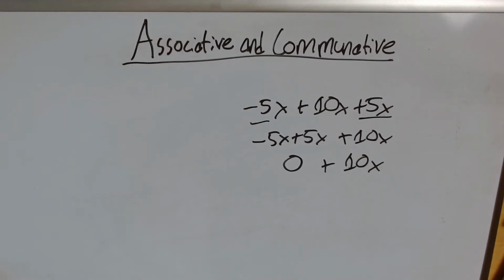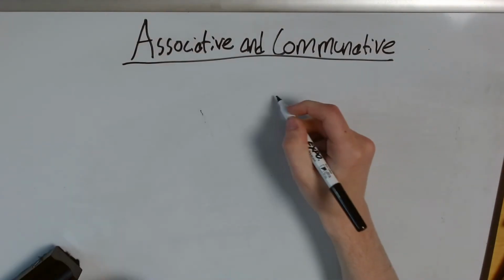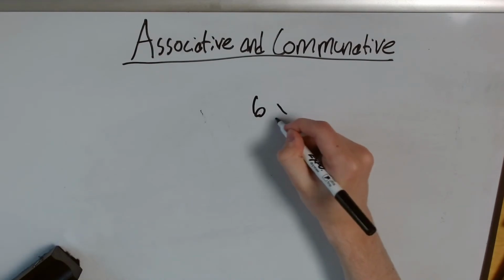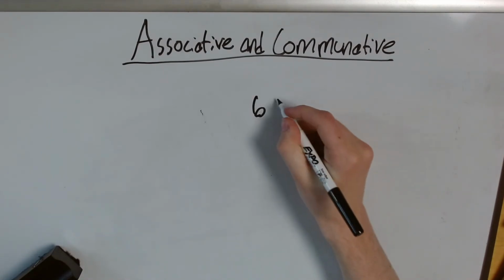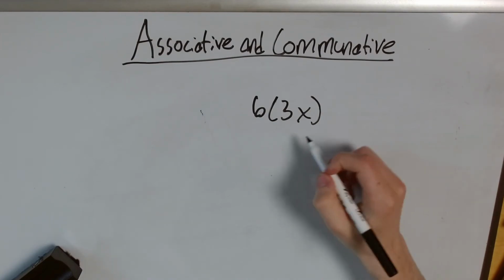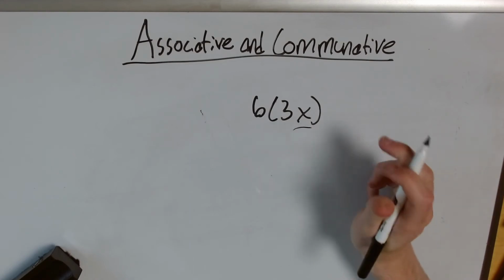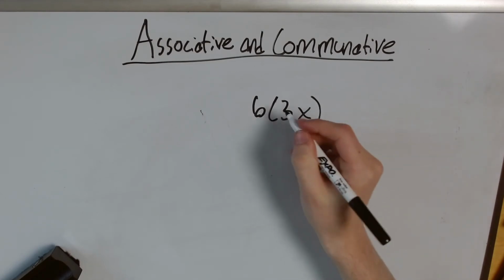What about a different type of example? Let's say we have something like 6 times 3x. Right? Well, we can't multiply this through just yet. We don't know what x is. But we can use the associative property.